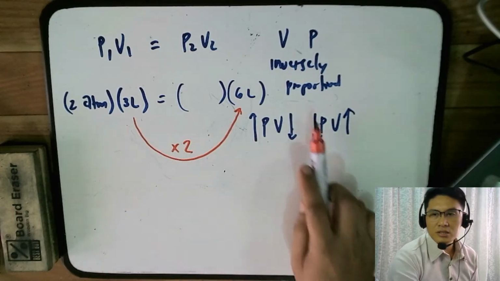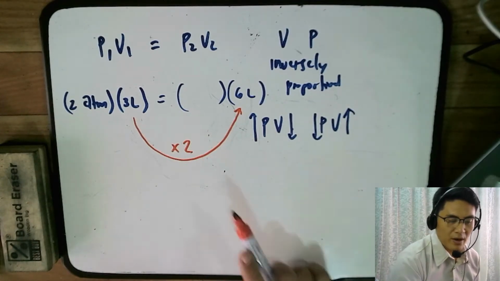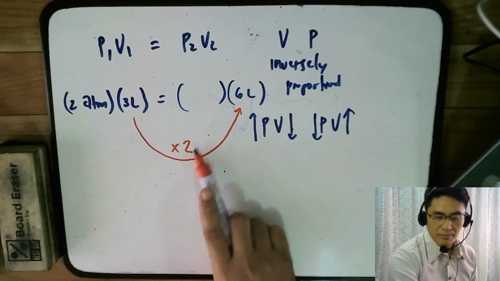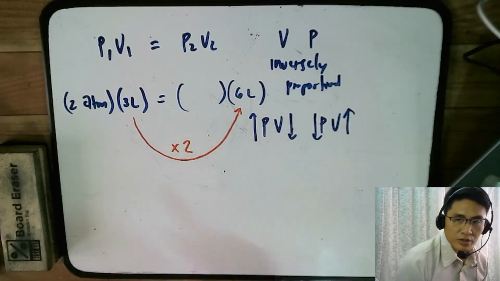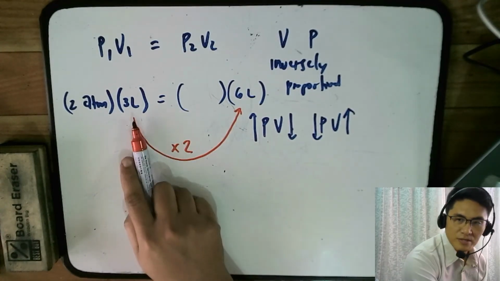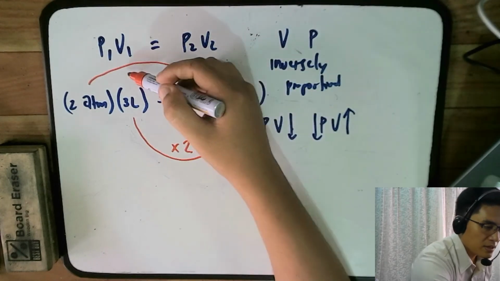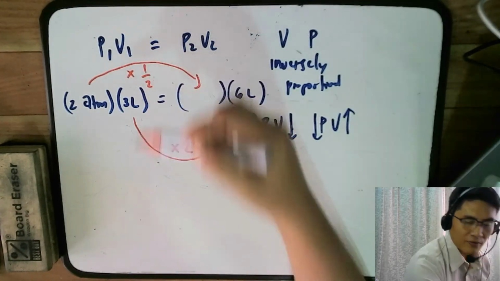Therefore, because volume and pressure are inversely proportional, the effect on the volume, which is to multiply it by 2, will have the opposite effect on the pressure. That means if the volume is multiplied by 2, guess what? The pressure will be multiplied by not 2, but 1/2.